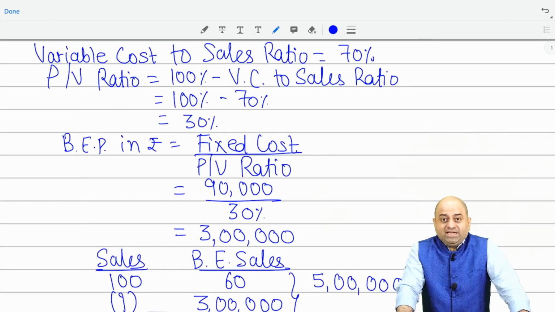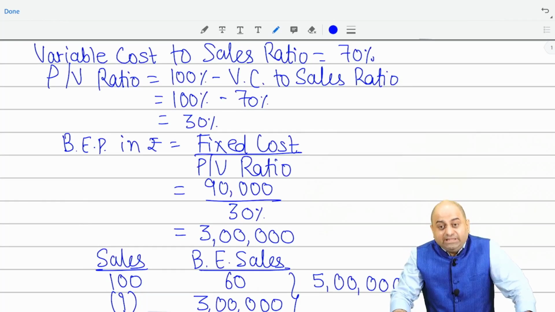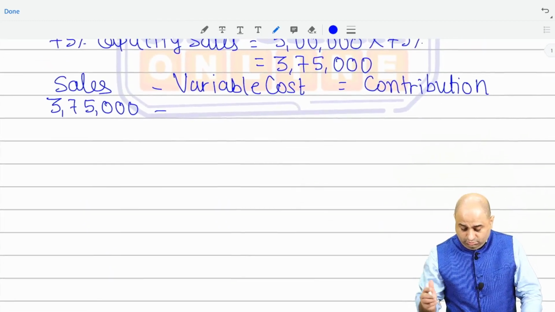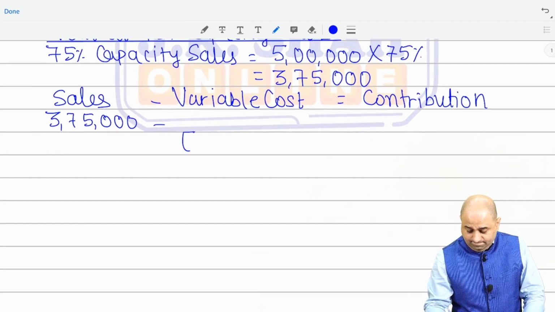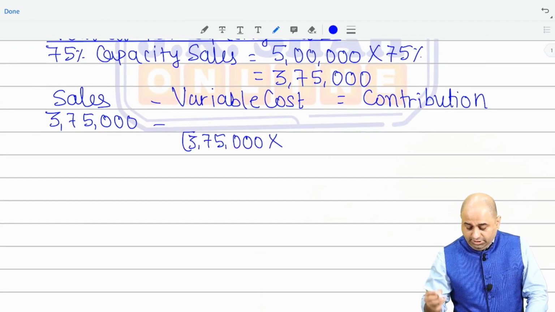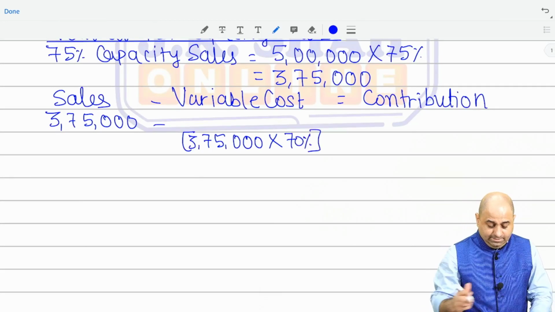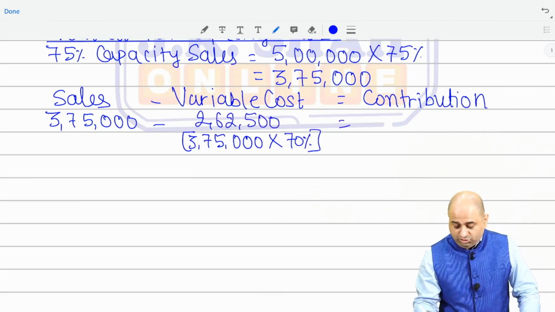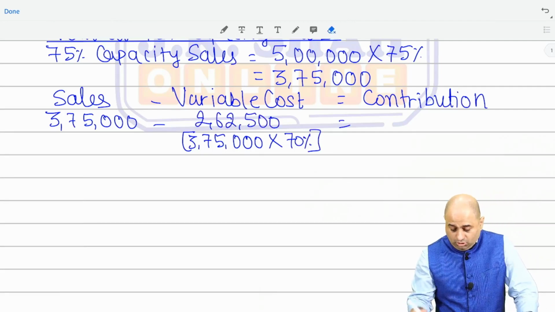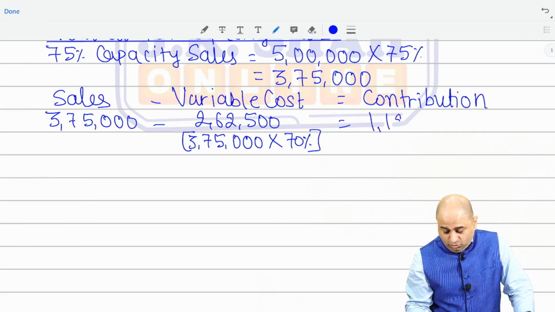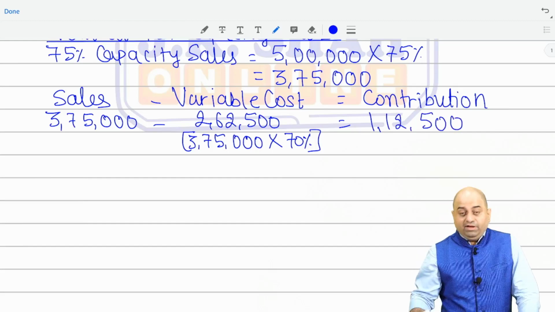That relation will remain same, which means variable cost will continue to be 70% of sales. So three lakh 75,000 into 70%, 262,500 is your variable cost. Your contribution will be 1,12,500.